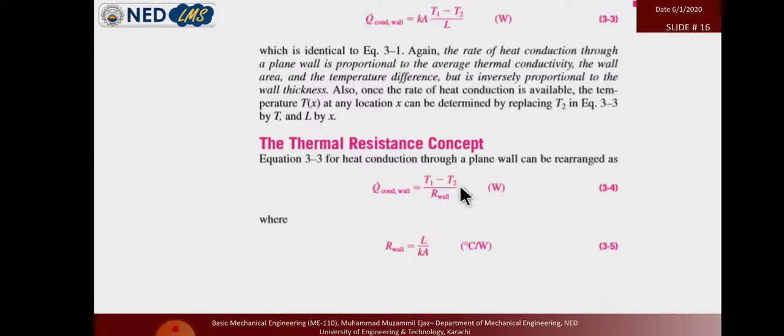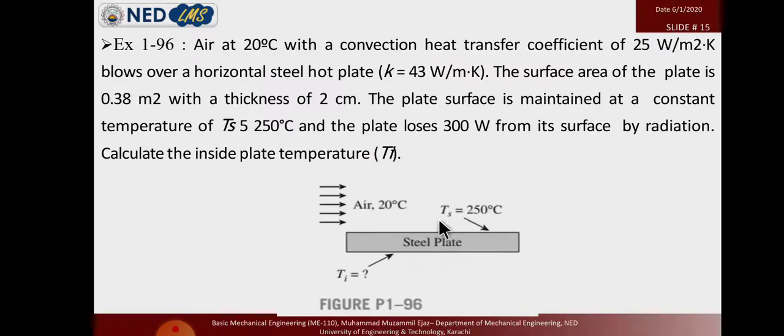Let's come towards one more numerical. Let's solve this numerical. We have example 1.96 from the Sangel heat transfer book. Air at 20 degrees centigrade, with a convection heat transfer coefficient of 25 watt per meter square Kelvin, blows over a horizontal steel plate.